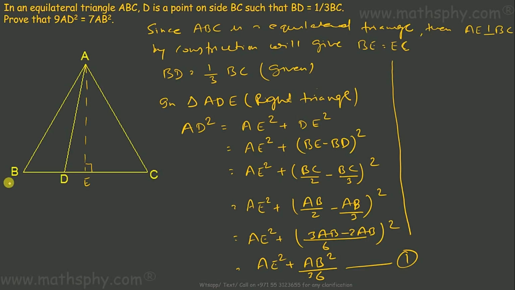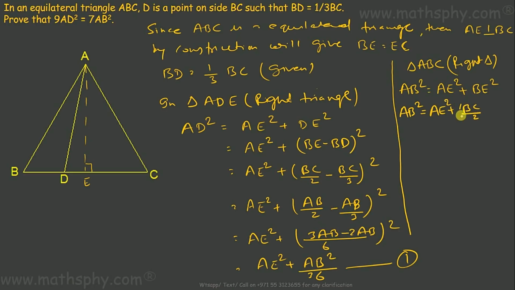Let's take triangle ABE, which is also a right angle triangle. In here, AB square can be equal to AE square plus BE square. AB square equals AE square plus BE, which can be taken as half of BC.